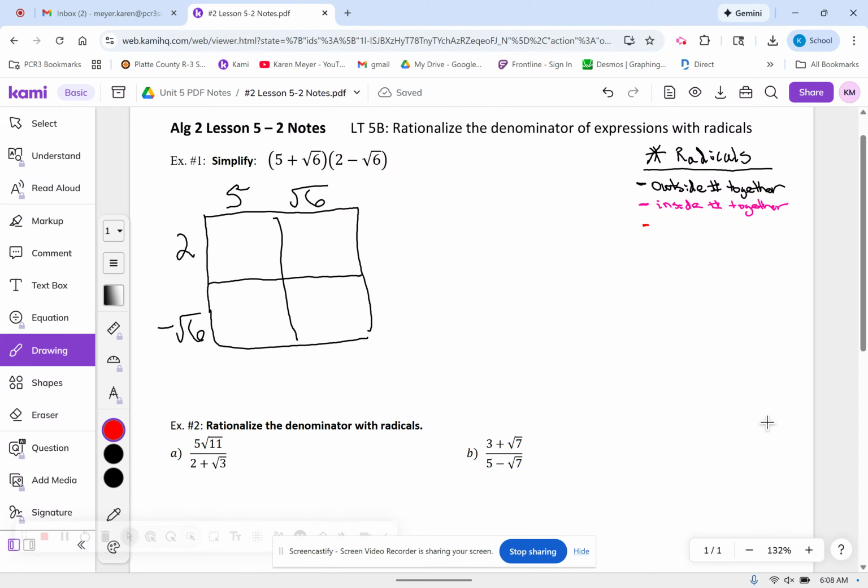If you have a number that's on the outside and the inside, do not multiply them together. All you can do is write them next to each other.